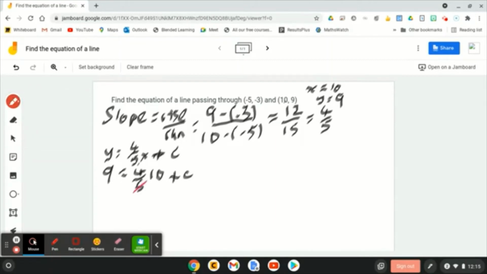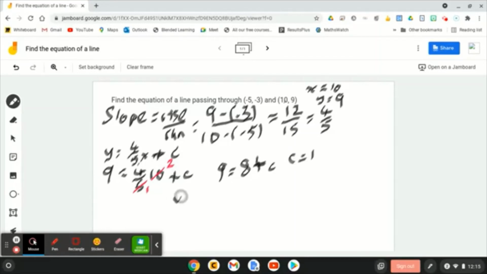I can divide top and bottom by 5 to get just a 2 here. And now my equation becomes 9 equals 2 times 4 is 8 plus c. So c must be 1. And I can subtract 8 from both sides to get c equals 1.